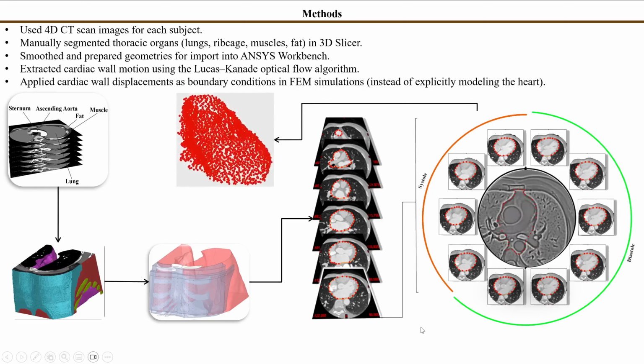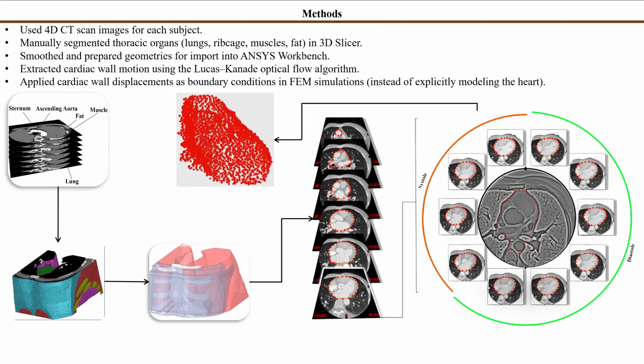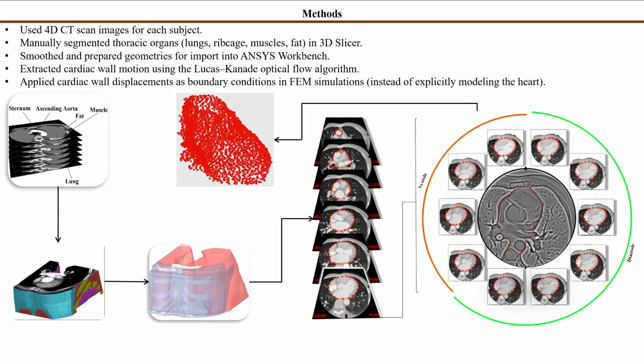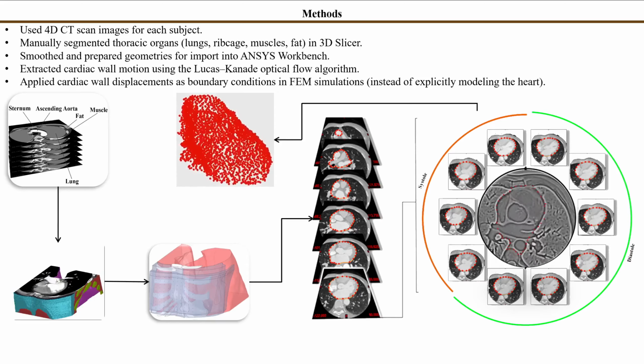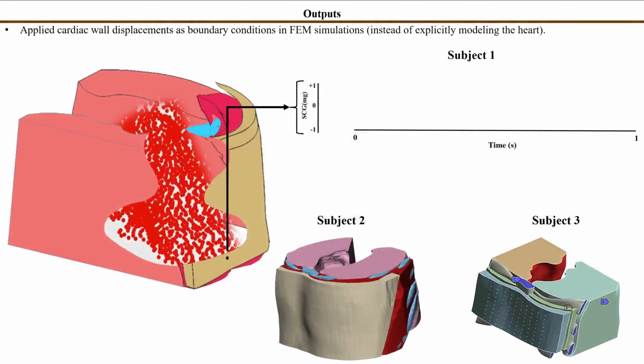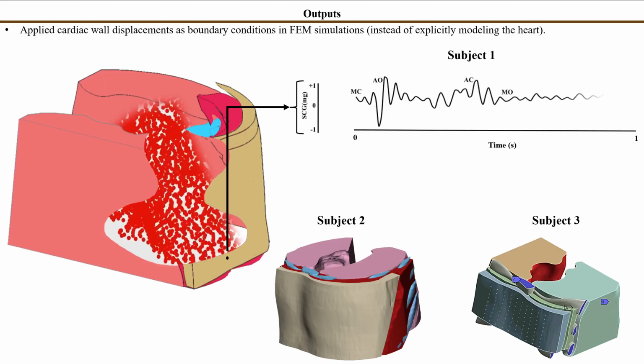These displacements were then applied as boundary conditions in FEM simulations that allowed us to study chest vibrations without explicitly modeling the heart itself. In these simulations, we use cardiac wall displacement to model the chest surface motion.